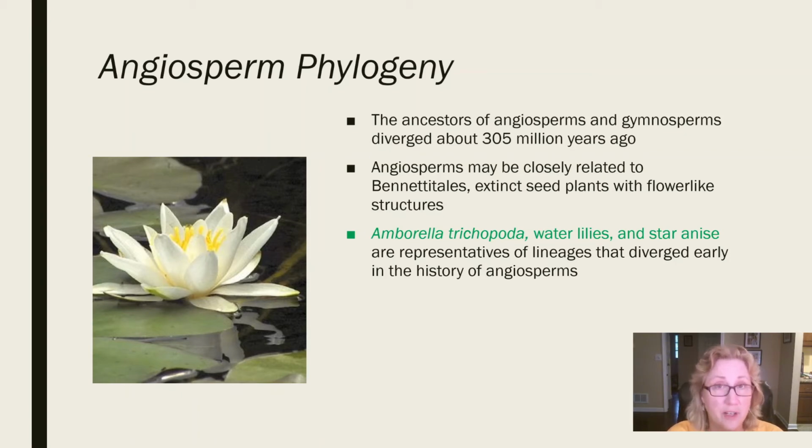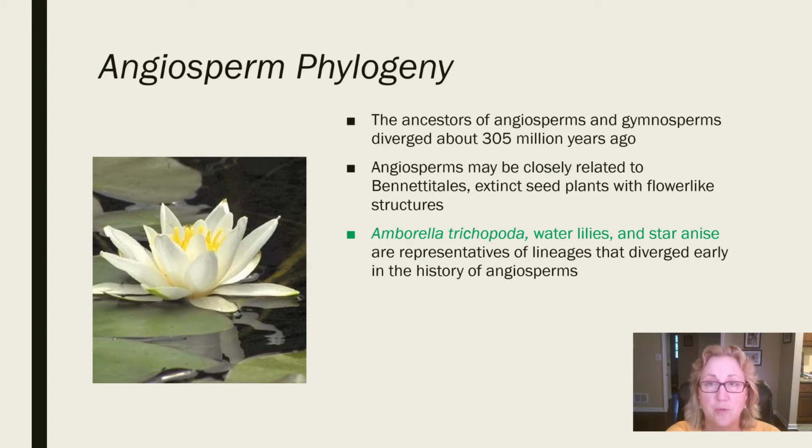There are some very primitive angiosperms in the fossil record from about 305 million years ago. So this is about 50 million years after the first gymnosperms appear, but still well before the dinosaurs. Gymnosperms remained dominant over angiosperms, though, for a long time.